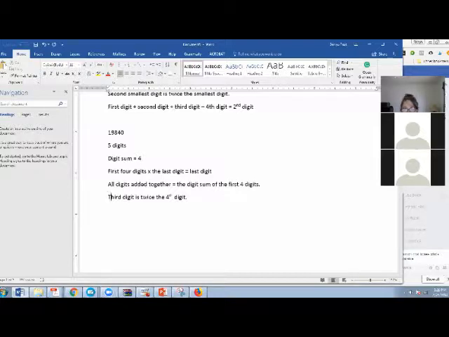Yeah. And the second digit is the largest digit. And the first digit is the smallest digit. Not the smallest digit, the second smallest digit.